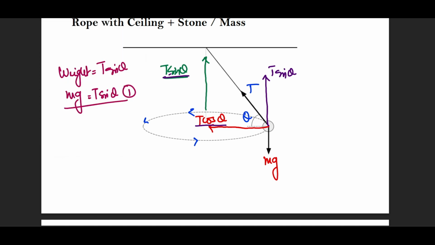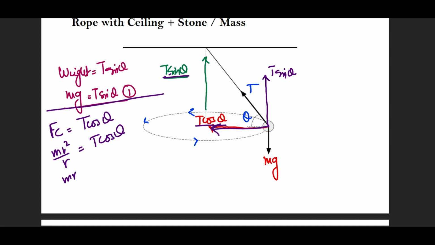Equation number 2 will come from the idea that this central component is responsible for the circular motion, for providing the necessary centripetal force. So the second idea is that the centripetal force is being provided by the tension's cos theta component. So what's the formula of centripetal force? That is mv squared over r equals T cos theta.